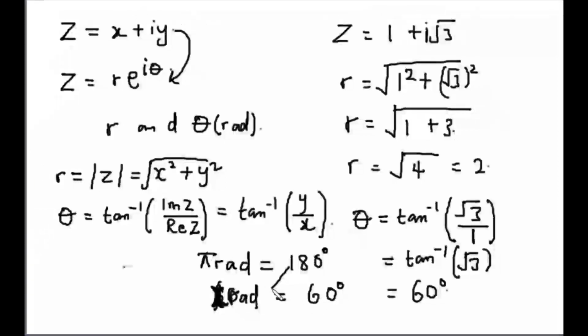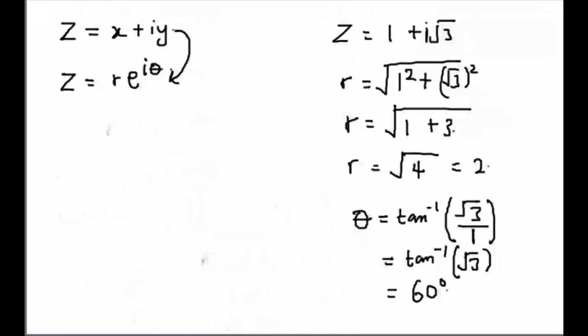So if we cross multiply these values, we know that x equals 60 pi divided by 180. So 60 into itself is 1, 60 into 180 is 3. This would mean that x would be equal to pi over 3 rad.